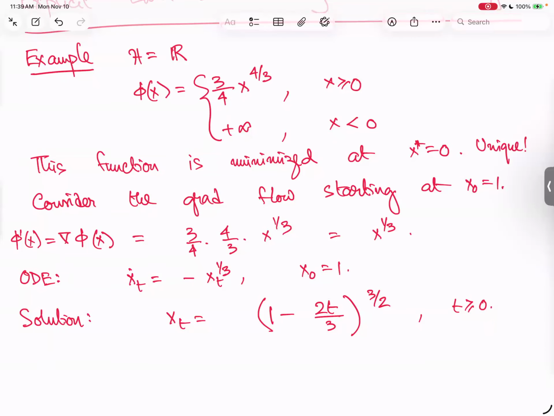Now observe something very special about this gradient flow curve. It actually attains its minimum, which is 0, exactly at t equals 3 over 2. It's not particularly important for what I'm telling, but it's an interesting characteristic here.